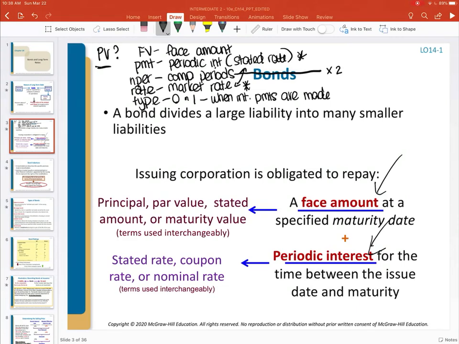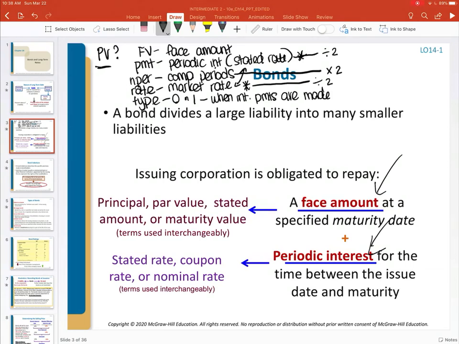When it comes to the interest, either the payment or the market rate of interest that we're given in the problem, we instead have to take that interest and divide it by the number of times per year that the interest is paid. The reason is that each time we're given an interest rate, it is an annual interest rate.